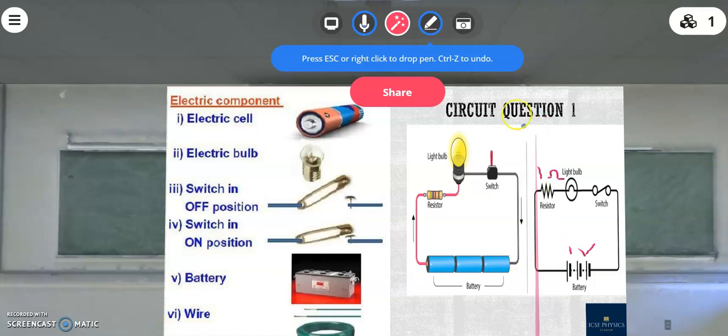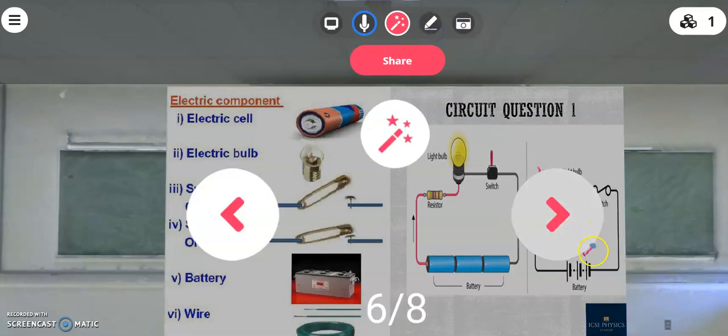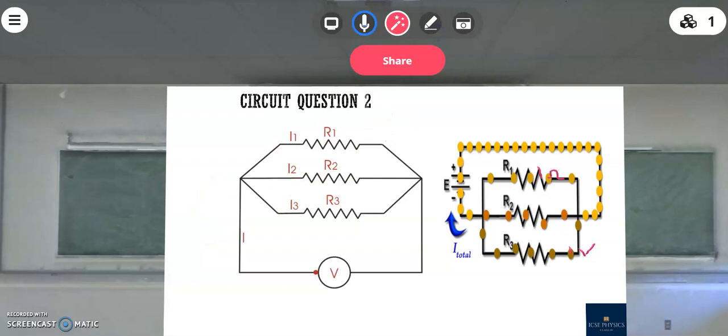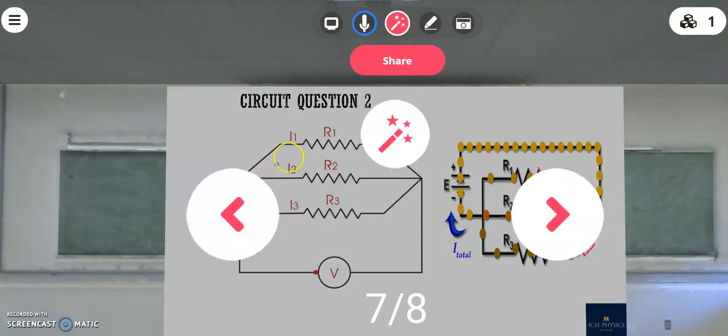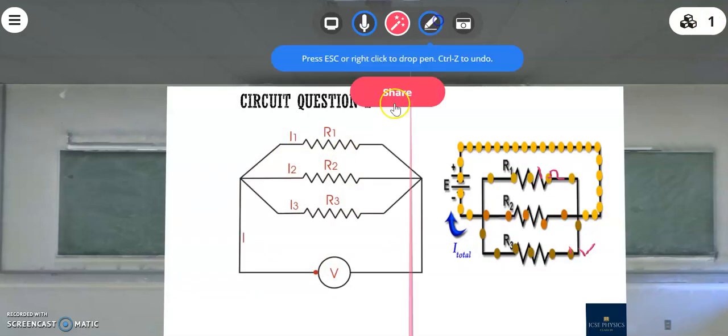Now let's see the next one. Now this is an important question. This represents series, when resistors are connected in series. Whenever resistors are connected in series, you can see this diagram, the voltage V remains the same.